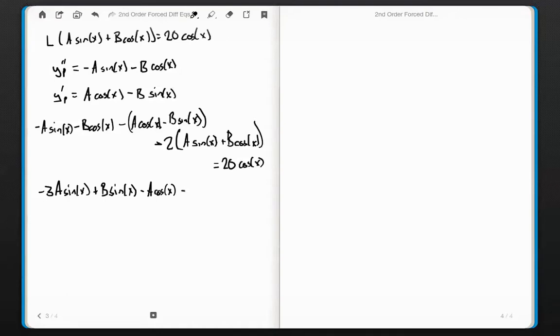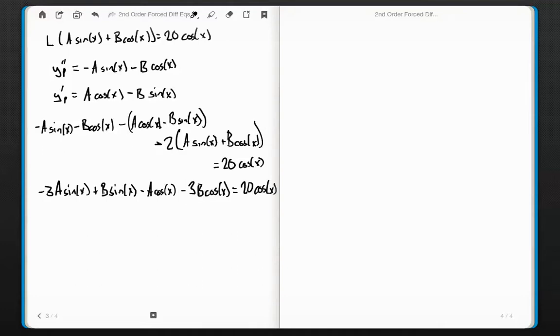So it's minus 3b cosines. Has to equal 20 cos x.